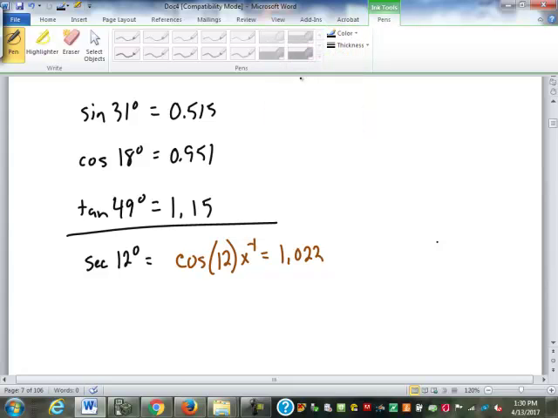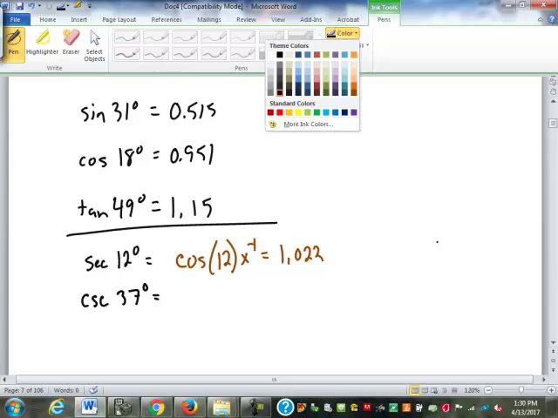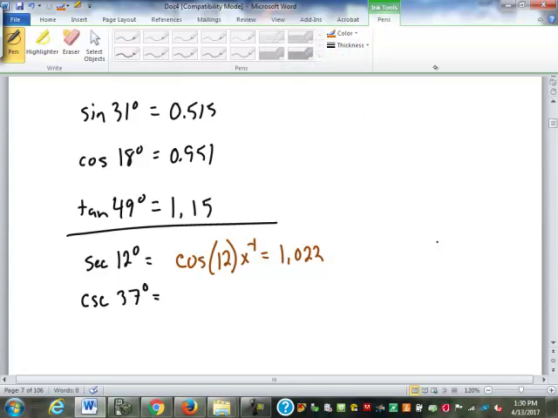Does that look familiar? How about the cosecant of 37 degrees? What are we going to use for that? We're going to do sine 37, close parentheses, hit the reciprocal.